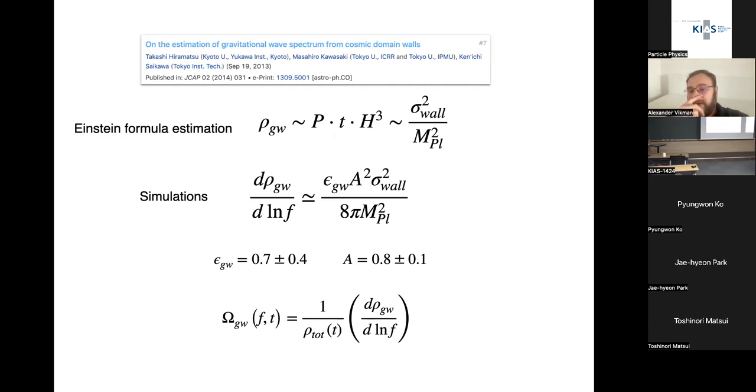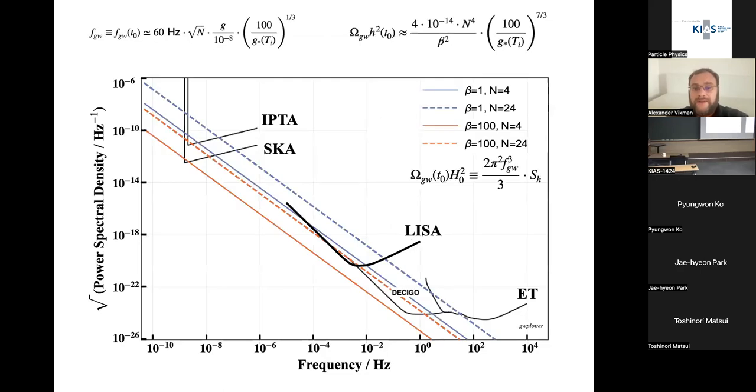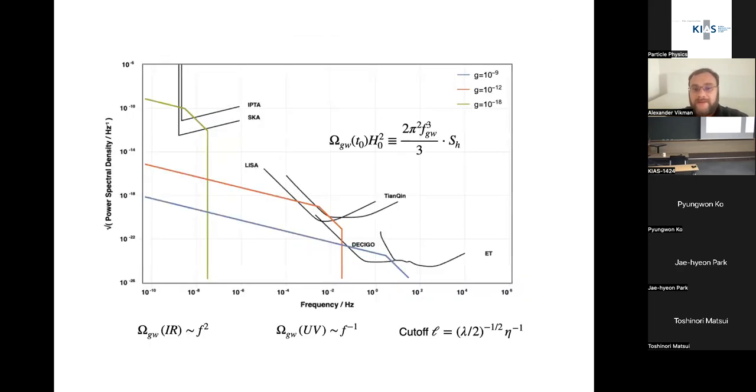So you basically would see that if our frequency is roughly speaking H, then in sigma wall we had this T to the power 6, and then in this rho total, it was T to the power 4. So it's basically T squared. So therefore, if you look at it at the end, after rescaling, it becomes F squared.